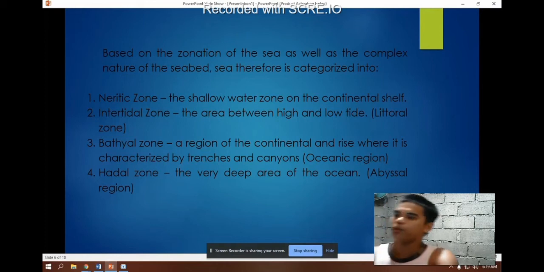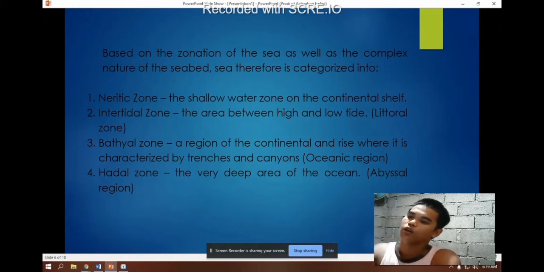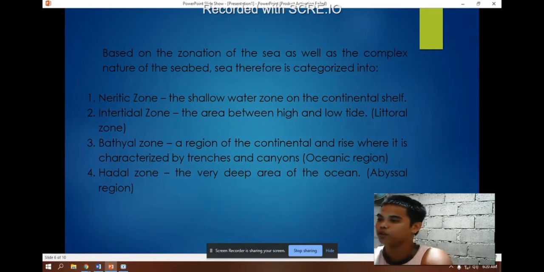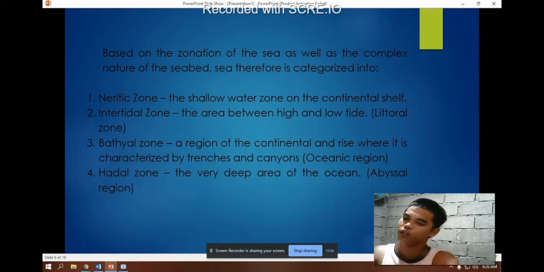Number three, bathyal zone, a region of the continental slope characterized by trenches and canyons. Number four, abyssal zone, the very deep area of the ocean.